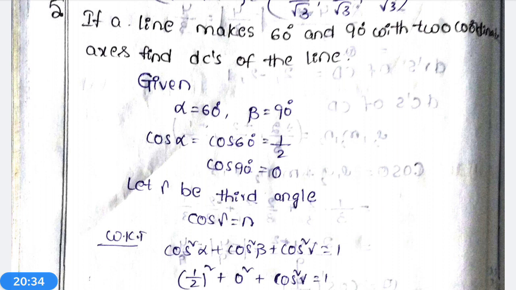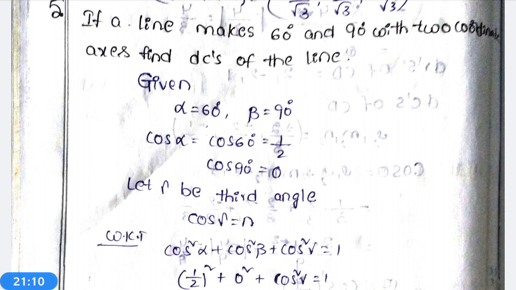Then cos alpha is equal to cos 60 is equal to 1 by 2. The same line makes 90 degrees with y-axis. Then cos beta is equal to cos 90 is equal to 0. We know that cos square alpha plus cos square beta plus cos square gamma is equal to 1, where gamma is the angle the same line makes with z-axis.